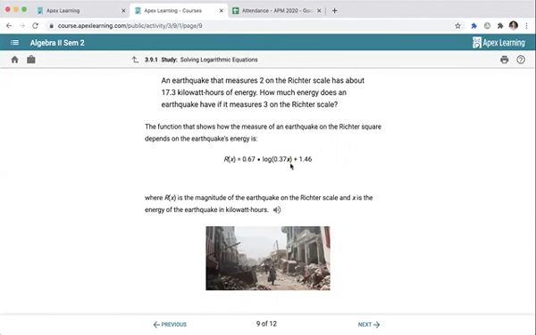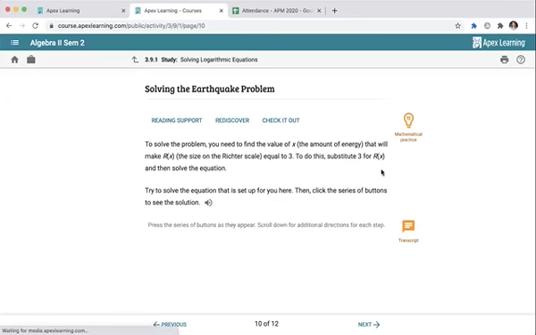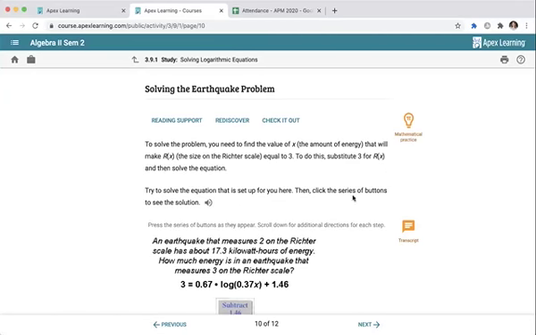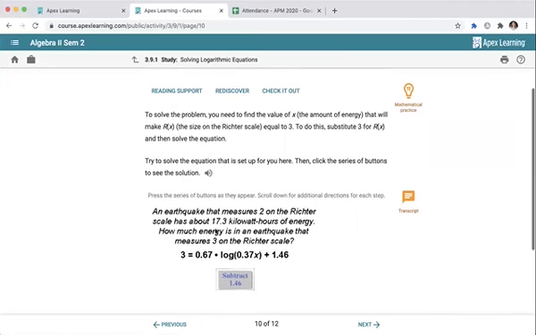X is the energy of that earthquake in kilowatt hours, just our unit of measurement. It was asking us how much more energy an earthquake of a 3 magnitude has than a 2 magnitude. We had multiple steps.